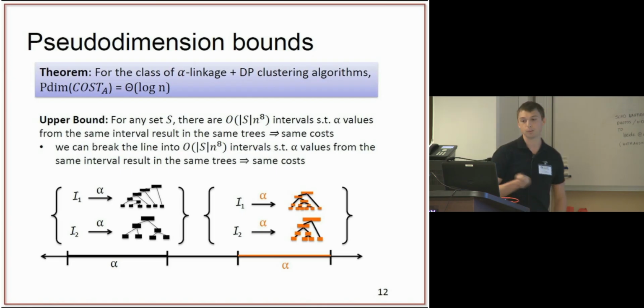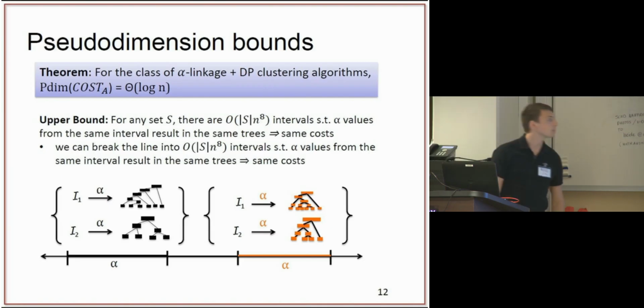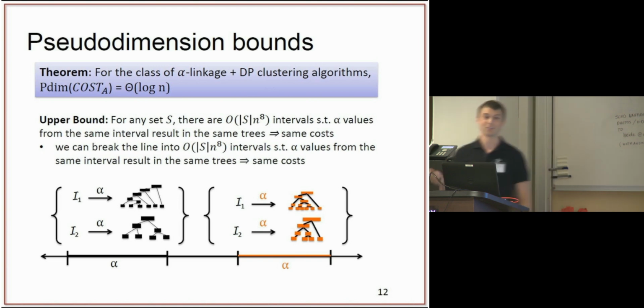So then we can use that fact to show that the pseudo-dimension is log n. By the way, pseudo-dimension is just the real valued equivalent of VC dimension. And then the lower bound is too technical for a 10-minute talk.